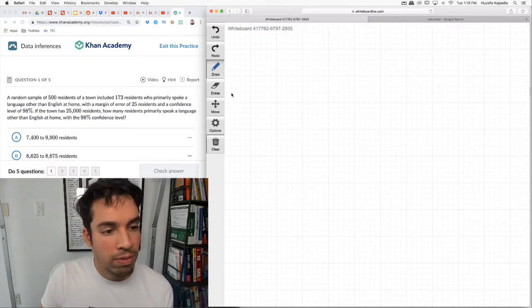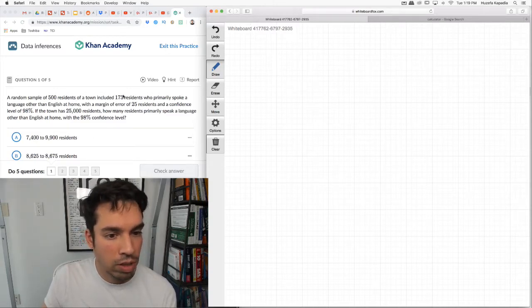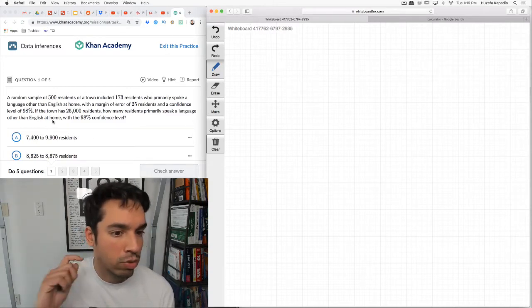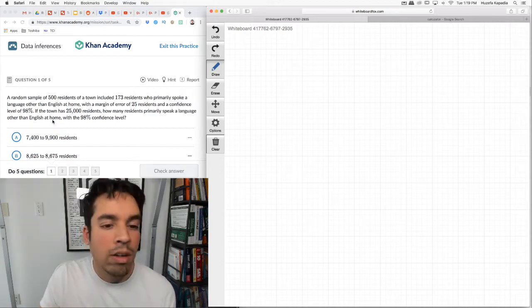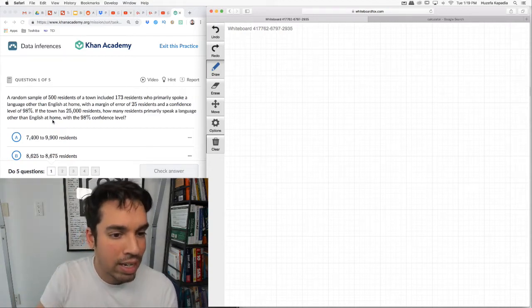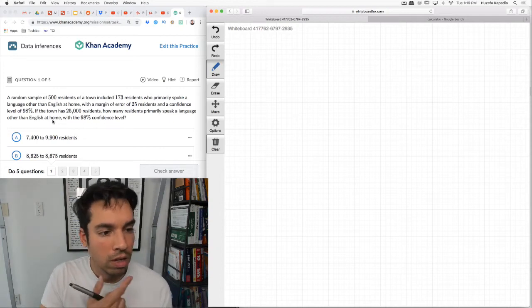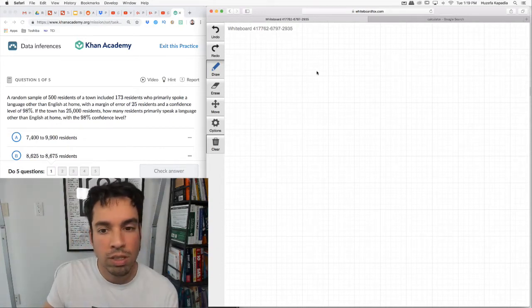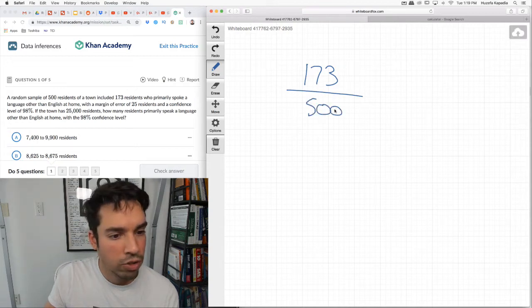A random sample of 500 residents in a town included 173 who primarily spoke a language other than English, with a margin of error of 25, the confidence level of 98%. Okay. So we took a sample and we got 173 out of 500.